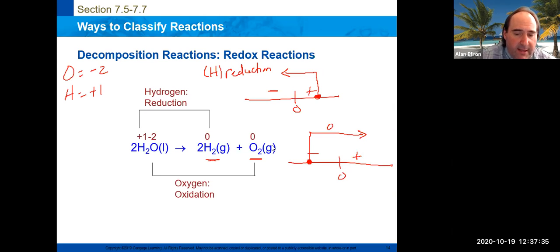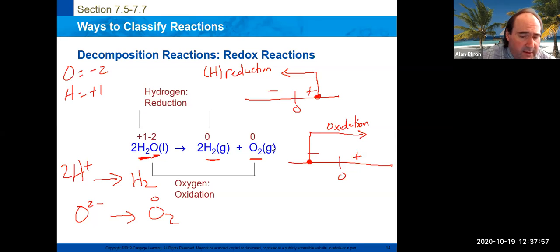That means it's becoming more positive, going through oxidation. So our hydrogen, which is really H+, going to H2, is going through reduction in this particular case, while our oxygen, which is really oxygen with a -2 charge, is going to oxygen with no oxidation state.